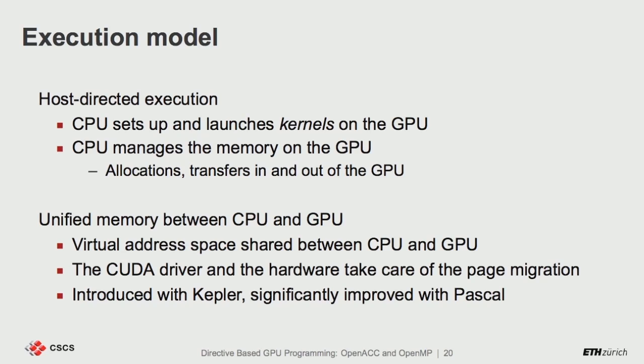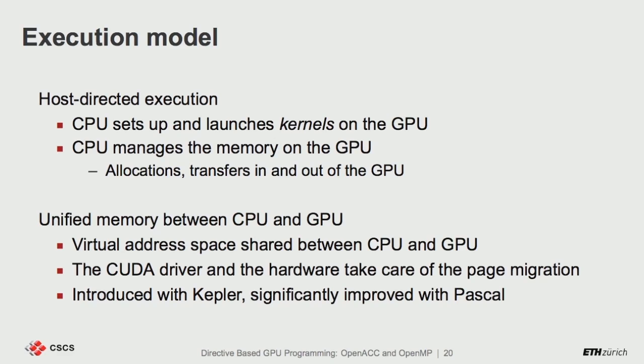So this was already supported in Kepler, which was the previous generation, but it wasn't so efficient because it was completely handled by the runtime. You had to allocate in a specific place of memory, and then the CUDA runtime could take care of this special pointer and do the translation.